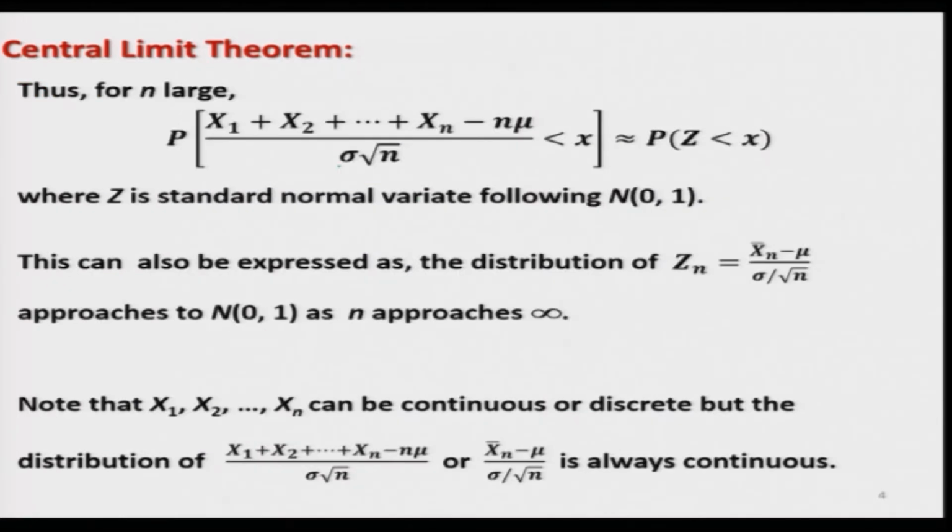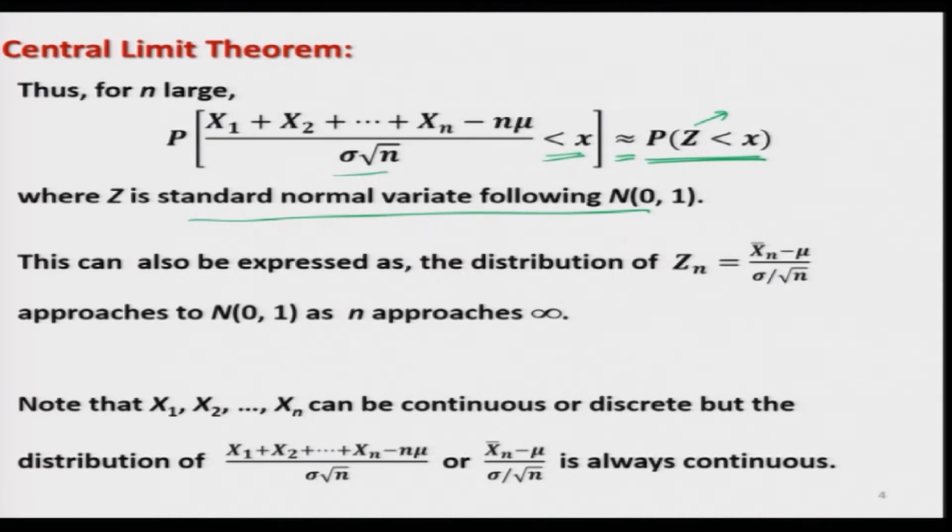If you want to find the probability that x1 plus ... plus xn minus n mu, divided by sigma times root n, is less than some quantity x, finding this probability might be difficult, but you can very well approximate it by normal 0 1. So it can be approximated by the probability that z is smaller than x, where z is a standard normal variate following normal 0 1.